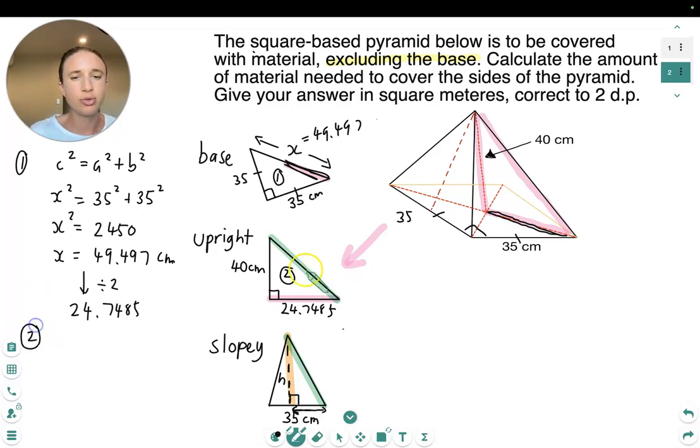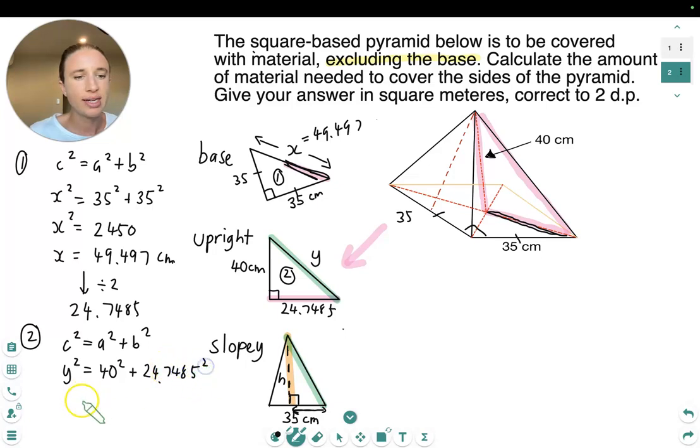So this is our triangle 2, and let's call this side Y. Again, C squared equals A squared plus B squared. Our hypotenuse squared is 40 squared plus 24.7485 squared. And then we've got an answer and we're going to square root that answer, okay?